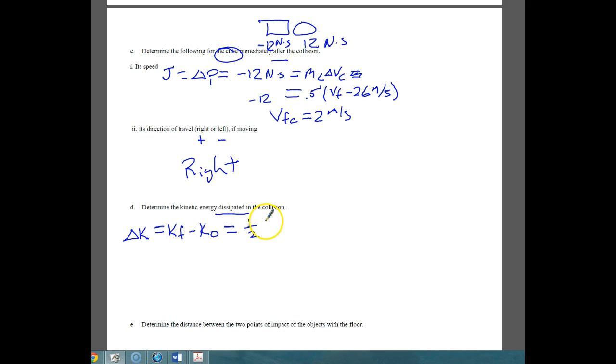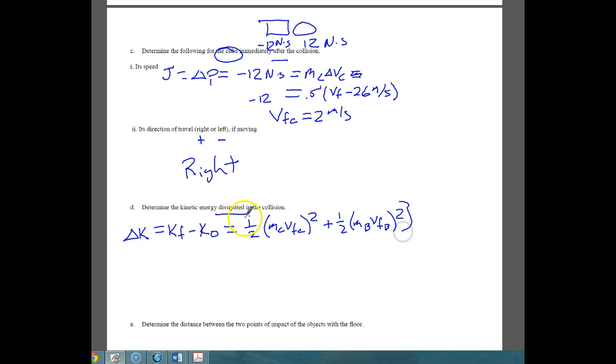Now our final kinetic energy here is of both objects because they're both moving. So that would be the mass of the cube times the final velocity of the cube, and we need to make sure that we square that. We're going to add that to 1/2 of the mass of the ball times the final velocity of the ball squared.